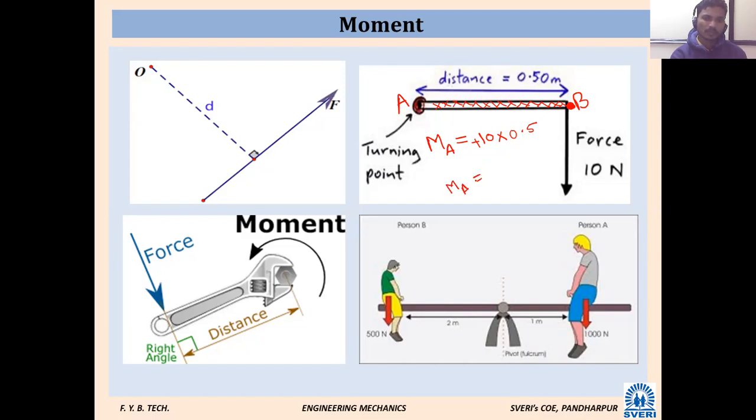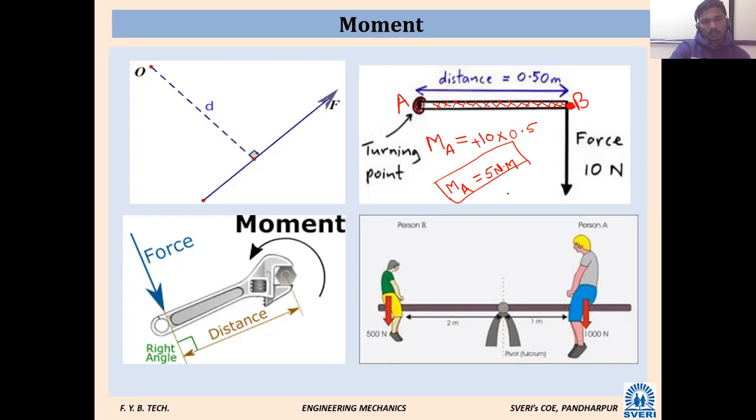Very simple. 5 Newton meter. In this way, simplest. Likewise, we are going to calculate it. This one is very simple, but don't worry, in this way we are going to calculate.